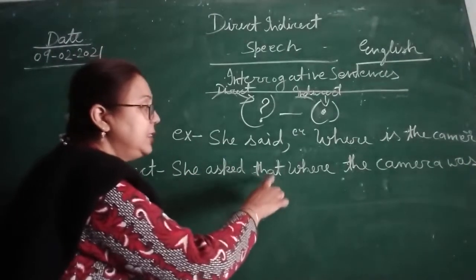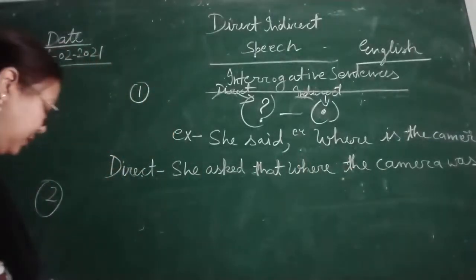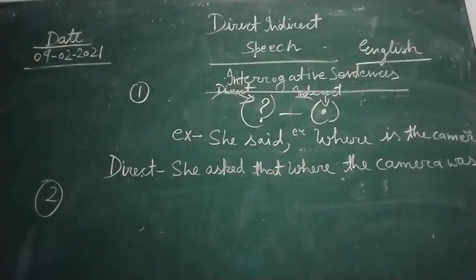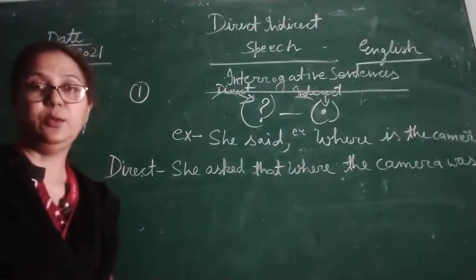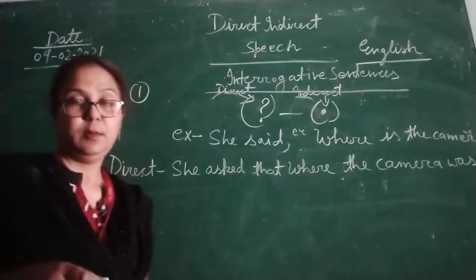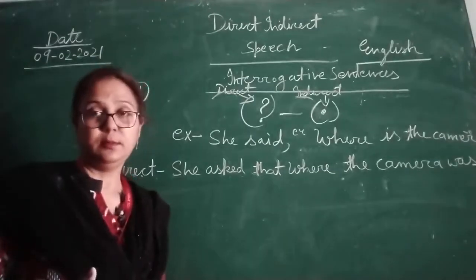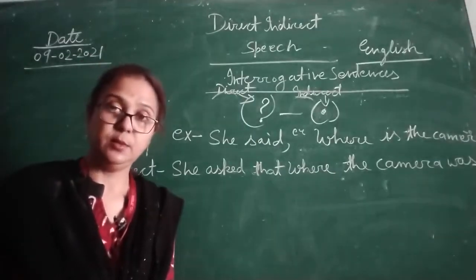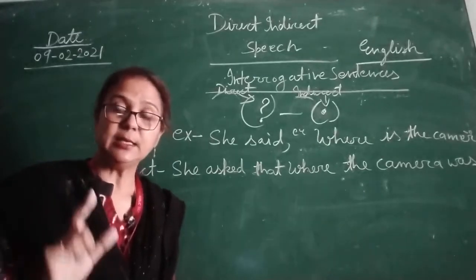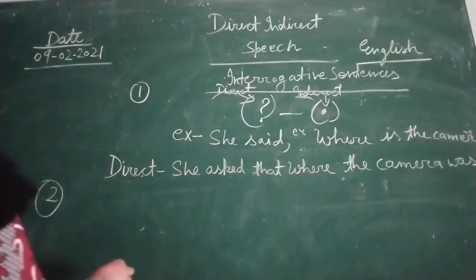She asked that where the camera was. Okay. Now children, I would like to tell you that a few words can be used in place of said and asked while making indirect speech. That is a very important thing that we are going to learn.